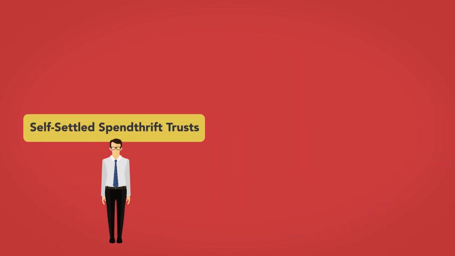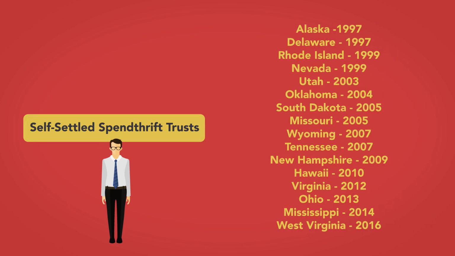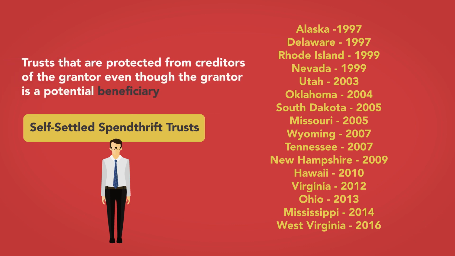There are, however, as of late 2017, 16 states that allow self-settled spendthrift trusts that are protected from creditors of the grantor, even though the grantor is a potential beneficiary. While the list of such states initially included only states famous for trust-friendly regulations, like Delaware, Alaska, and Nevada, the list has been expanding, with Virginia, Ohio, Mississippi, and West Virginia joining the group in the last 5 years.